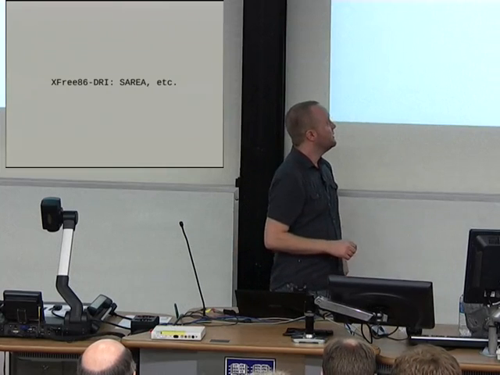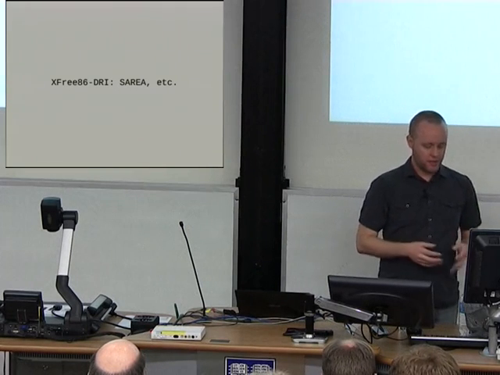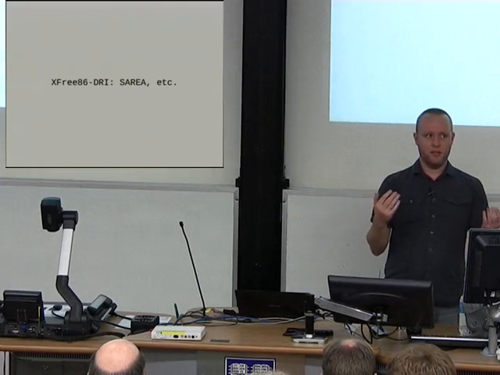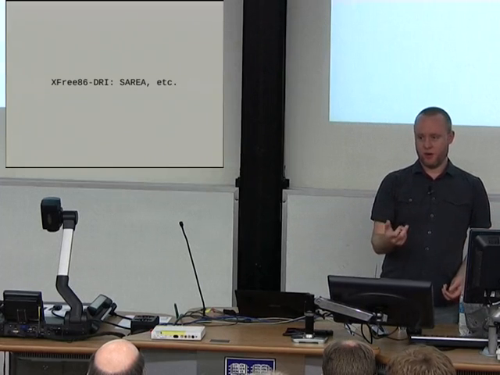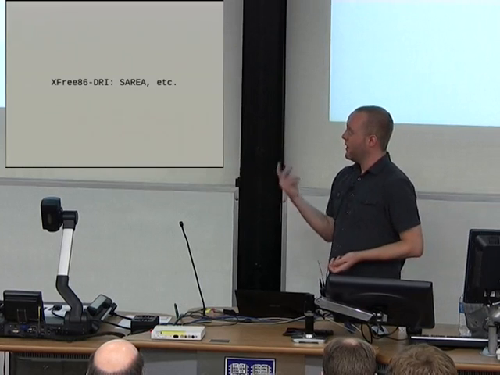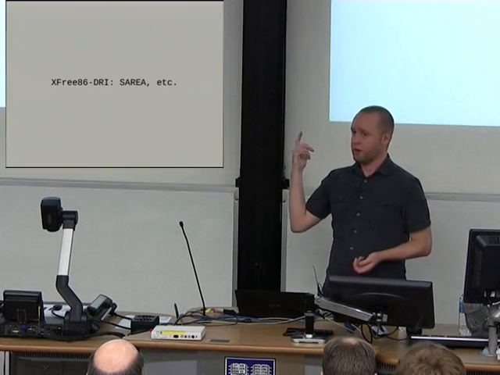So, direct contexts. In order to make direct context work, you have to negotiate the resources on the graphics card and make sure that the client and the server don't stomp on each other. The way DRI1, x386 DRI is the extension name in the protocol, the way it did that was approximately the simplest thing that could possibly work.